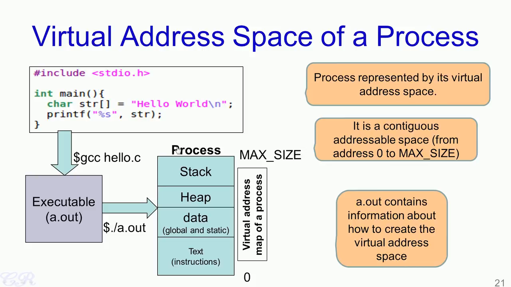Now, the process is represented by what is known as the virtual address space. The virtual address space is a contiguous address space starting from 0 and extending up to an address defined by something known as a max size. This max size comes from the Xv6 nomenclature.